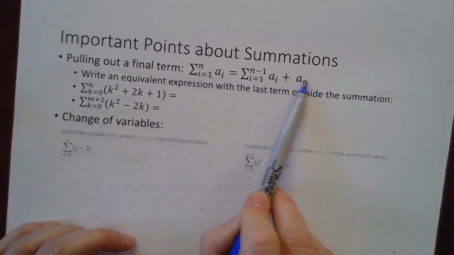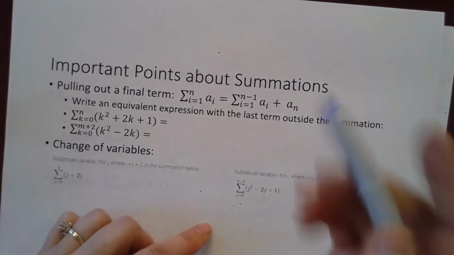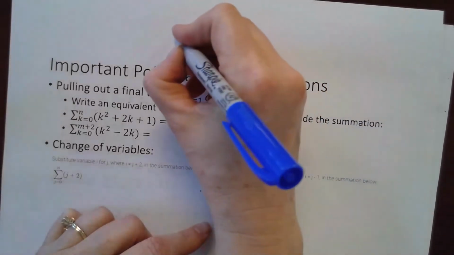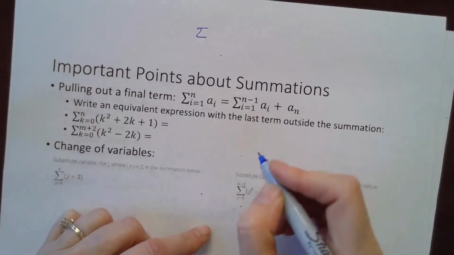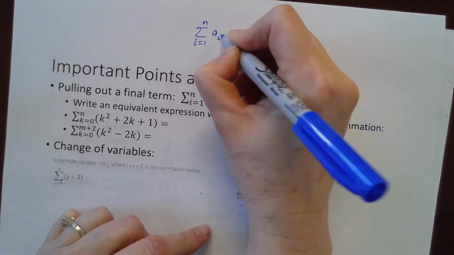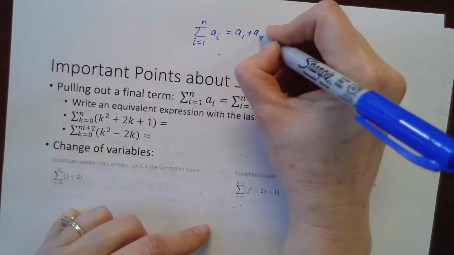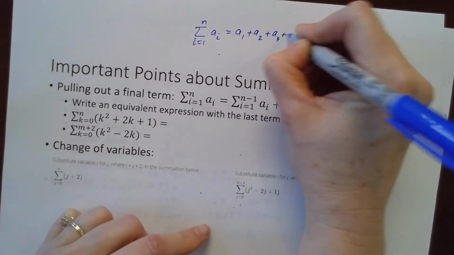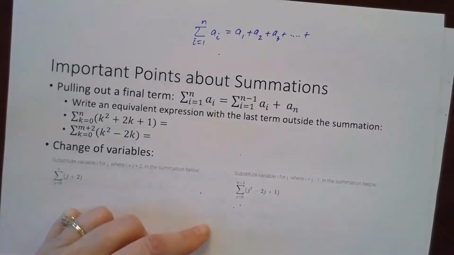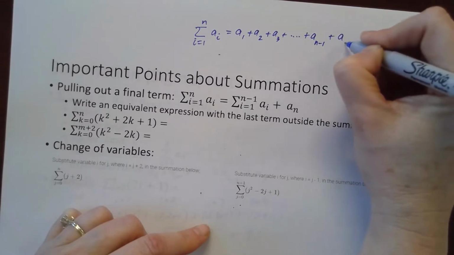I'm going to write this one out the long way so you have an idea where this came from. If I have the summation from i equals 1 to n of a sub i, the expanded form would be a1 plus a2 plus a3, and on and on it goes, plus a sub n minus 1 plus a sub n.